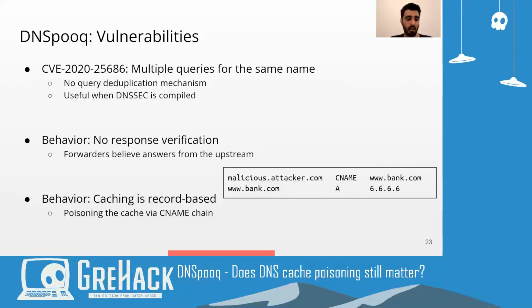This assists the attacker in poisoning the cache, for example, using a CNAME chain, where the attacker aliases its site with the domain it wants to poison, namely in this example www.bank.com, and then includes a record that links www.bank.com to one of the IP addresses that the attacker chose.